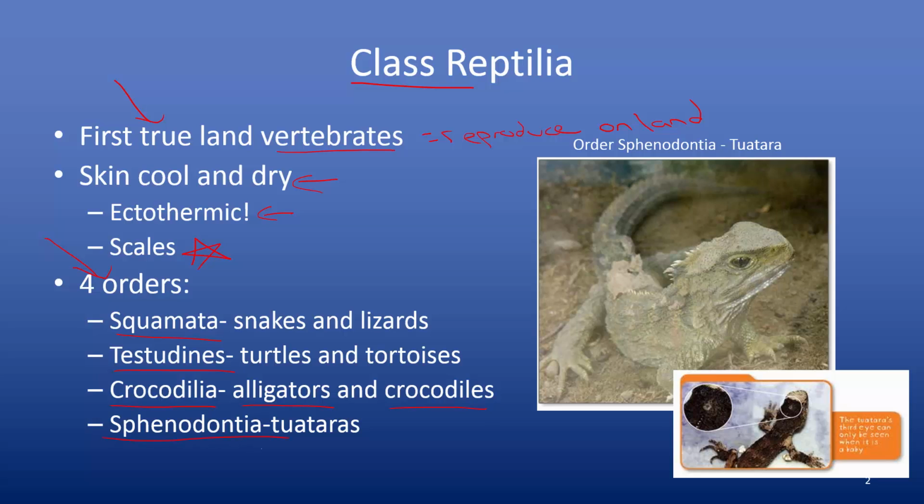And Sphenodontia really had its heyday over 200 million years ago. That's right. Those are our dinosaurs. Some of the dinosaur species belonged in the order Sphenodontia. And the tuatara, which is this lizard-looking guy right here, looks like a lizard, but he's not.